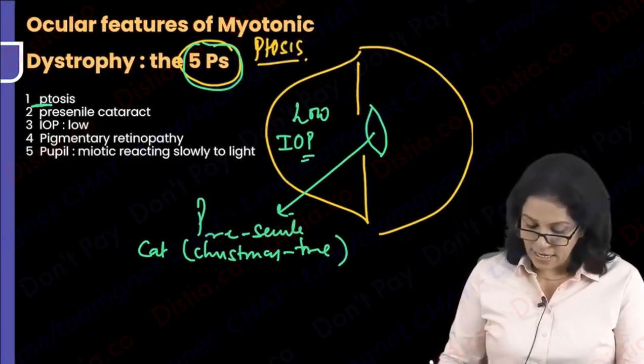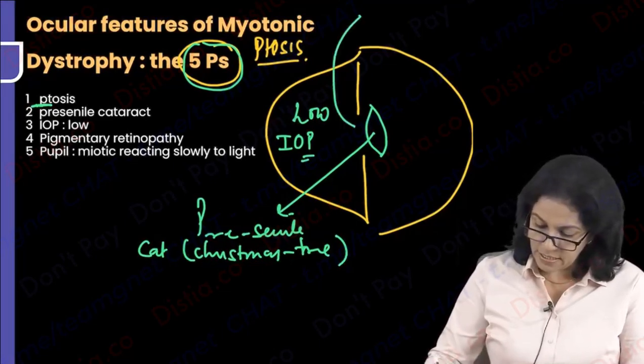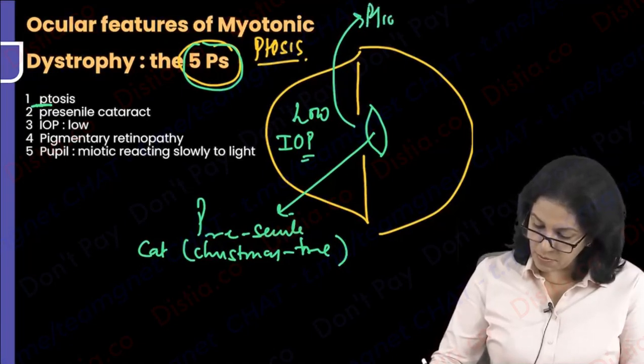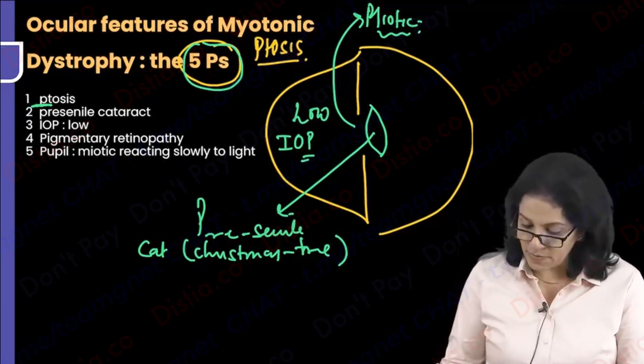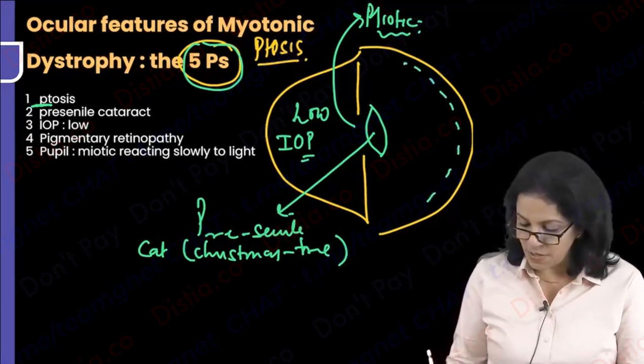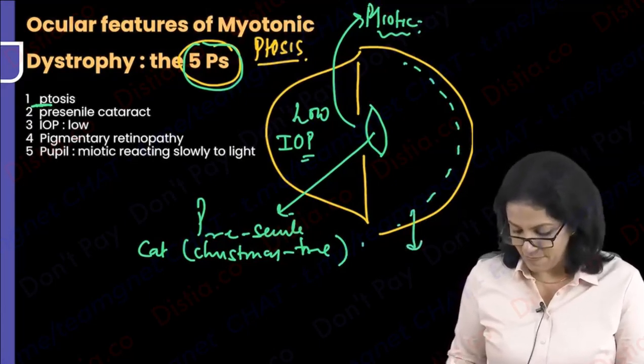Correct? Then pupils. Pupils are showing miotic pupil reacting slowly to light. So pupils, another P. So there is miotic pupil. And it is slow reacting. And the last one on the retina, what you get is another P, and that is pigmentary retinopathy.